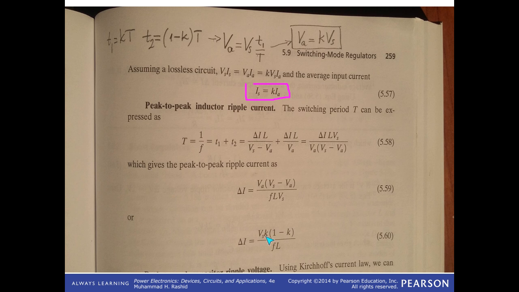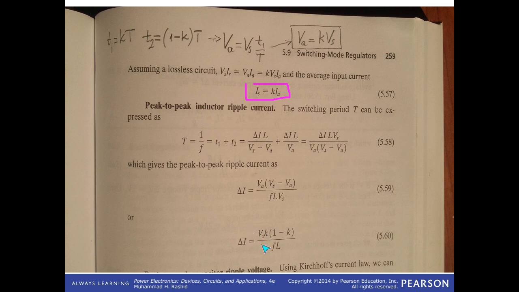If you have, for example, 48 volt, which is widely used in communication networks, and you want to get 12 volt, you have to divide it by 4. K should be 0.25. So you cannot play with K. Then the only things you can play with, there are two: L, and the source voltage, which is already given.